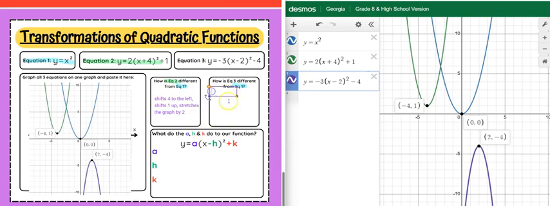So then our second equation, what does it do? Well, it's going to shift 2 to the right and 4 units down.